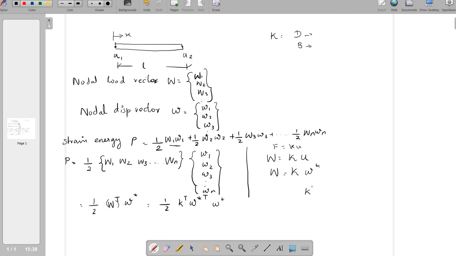I am keeping K transpose as K for simplification and rearranging this equation. The strain energy P is half into W star K W star transpose. So keep this as equation number 1.